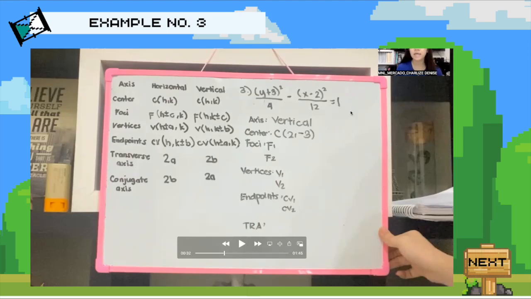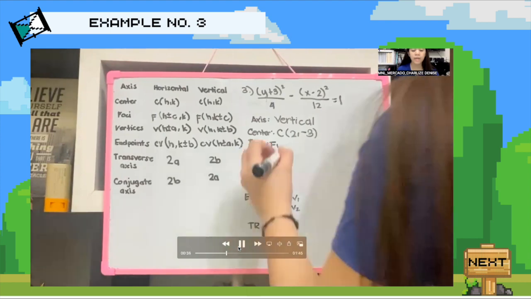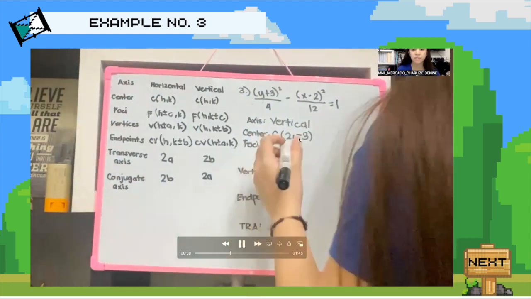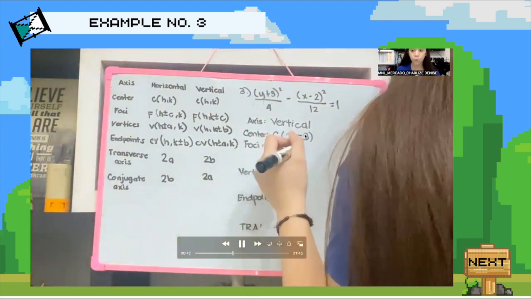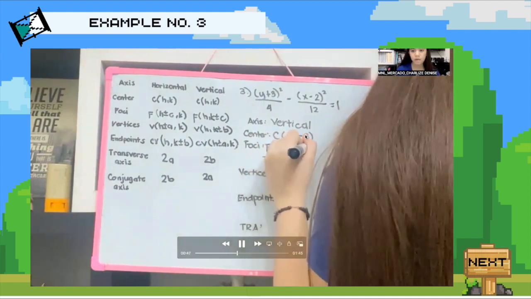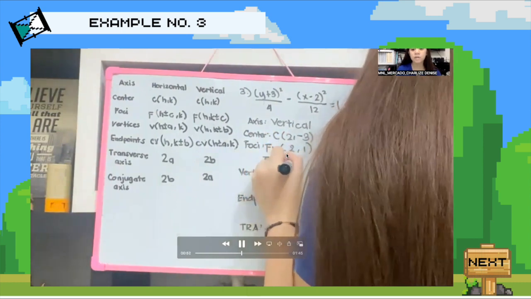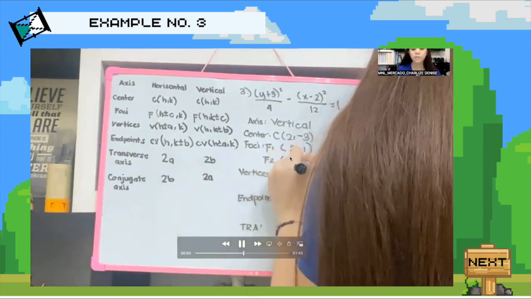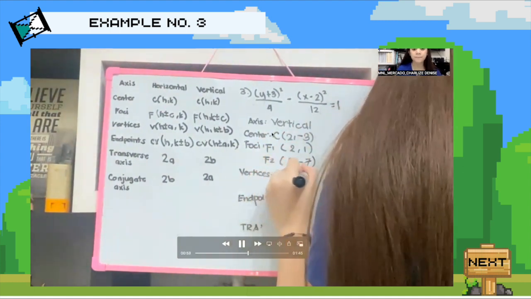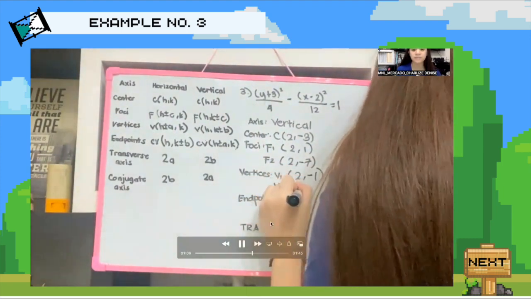The square root of 16 is 4. So we have h, comma, k plus b. So we have k, which is negative 3 plus 4, so we have 1. And for the other, 2, comma, negative 7, because negative 3 minus 4 is equal to negative 7.